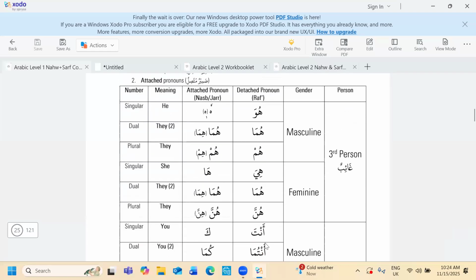Now, what is in the brackets? So you've got hi, hima, him, and then hima and hinna. So sometimes, based on pronunciation, it wouldn't sound right to say hu.